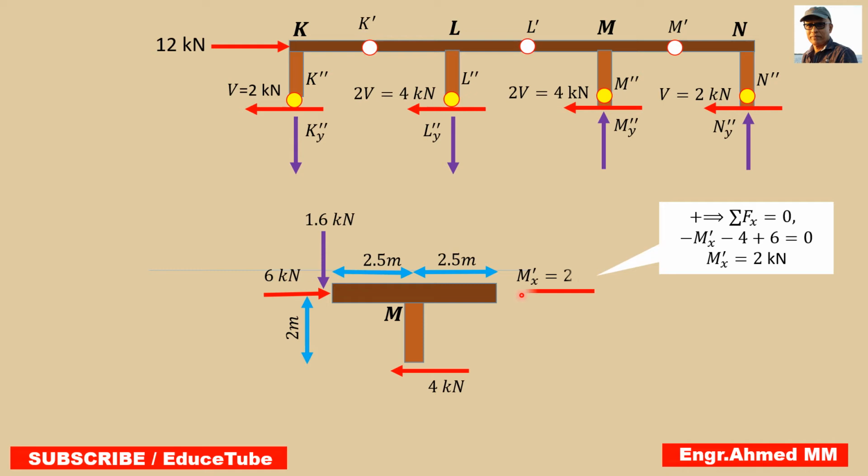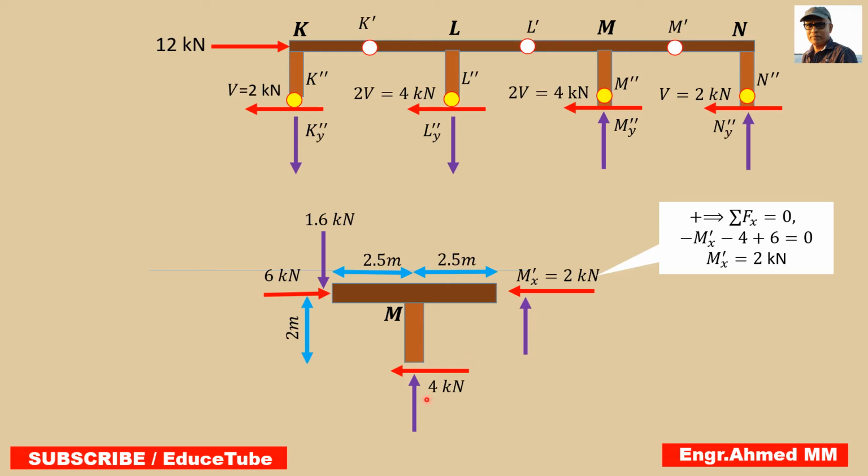Summing horizontal forces equal to 0, we get this: minus M prime x minus 4 plus 6 equal to 0. So M prime x equal to 2 kilonewton. We are done. Now our target is to get the vertical component of these two positions. So what will you do?